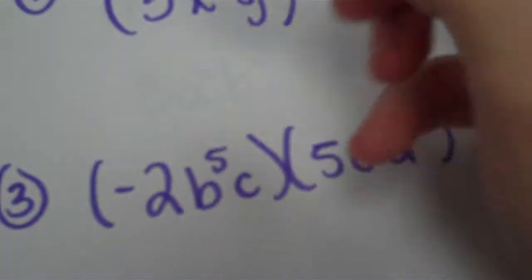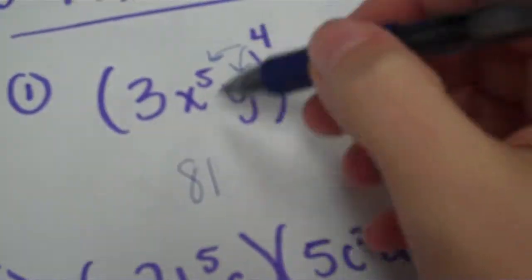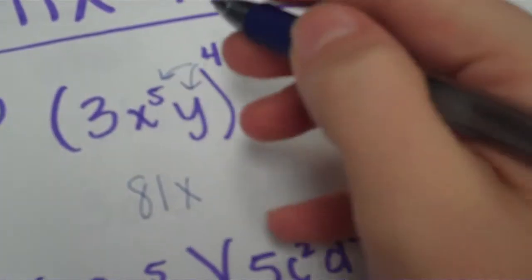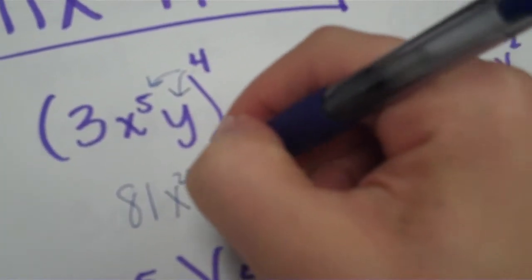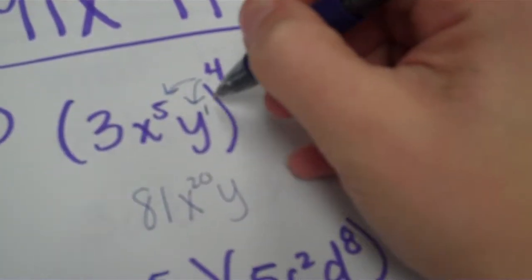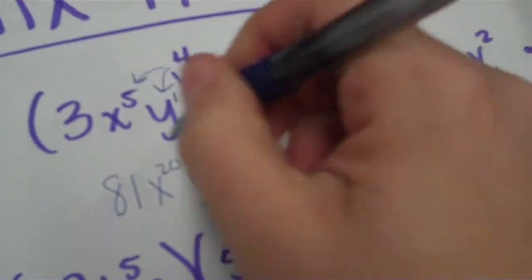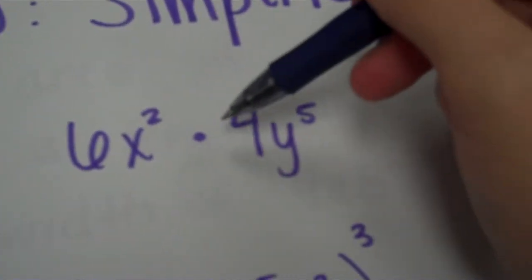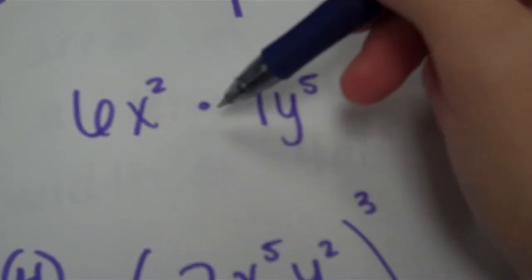So 3 exponent 4 is 81. So you do 81, and then x, and then remember, power, we multiply. 4 times 5 is 20. Bring my y down. If there is no exponent, the exponent's 1. So 4 times 1 is 4. Done. Easy peasy.